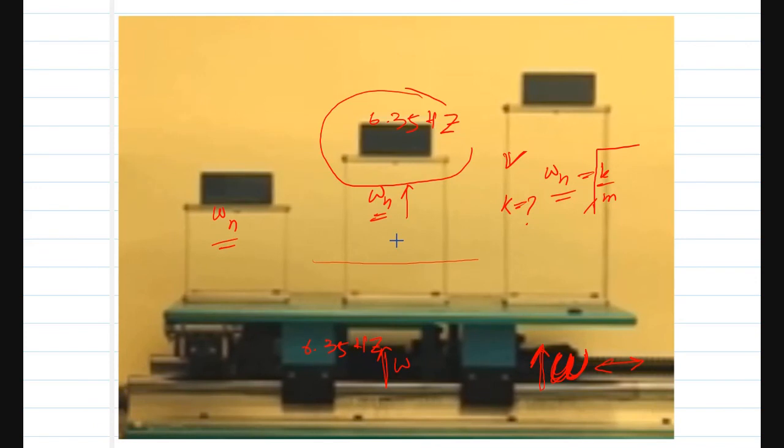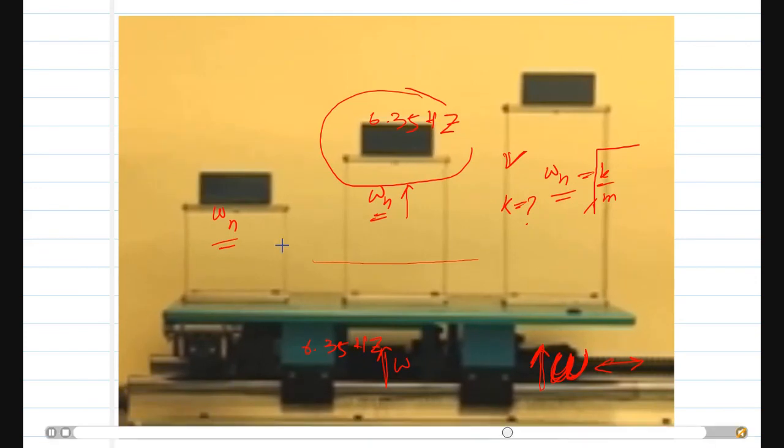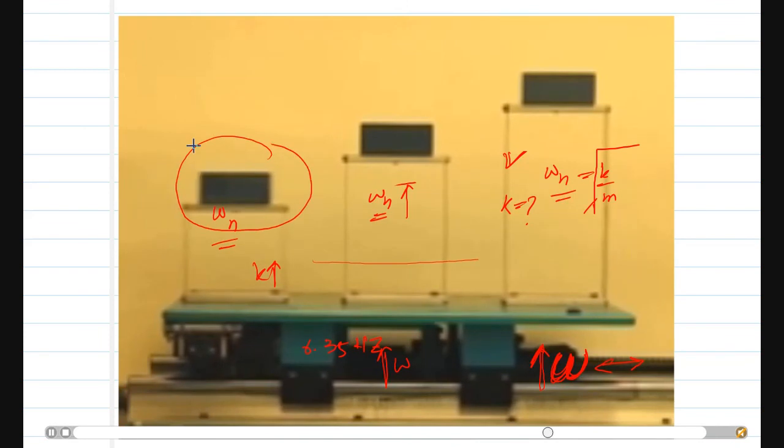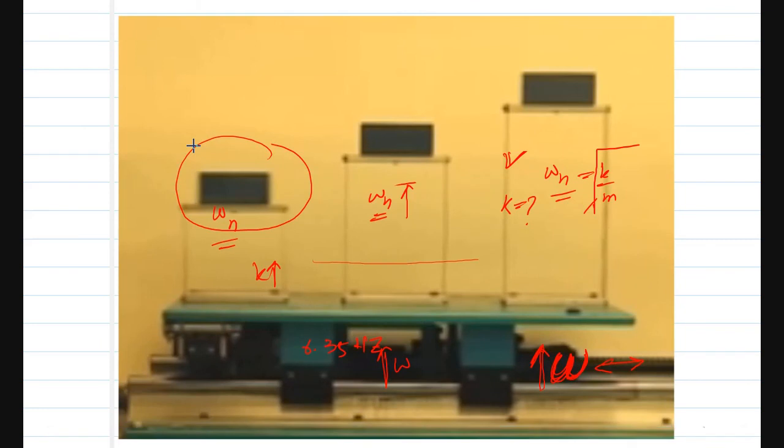If we keep increasing omega, this mass becomes still, and now the mass with the smallest length, which has the highest stiffness and the highest natural frequency, tends to resonate. Clear?